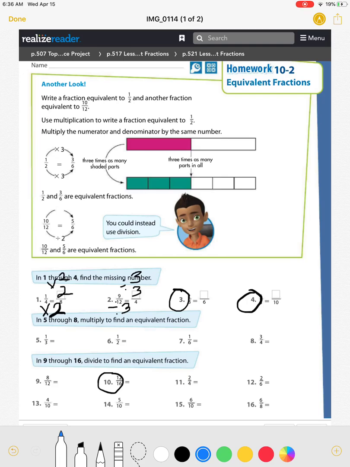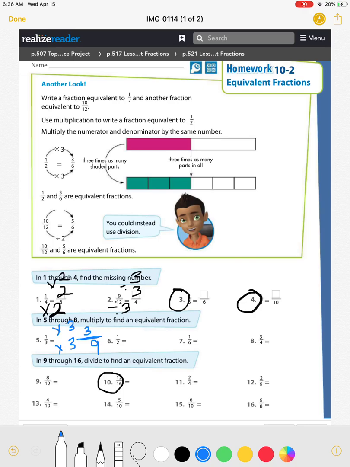Let's multiply times 3. So 1 times 3 is 3, so that's our new numerator. 3 times 3 is 9, so 1/3 is equal to 3/9.